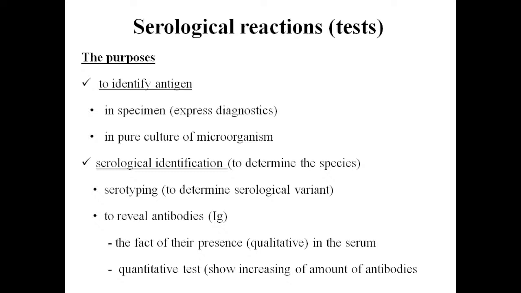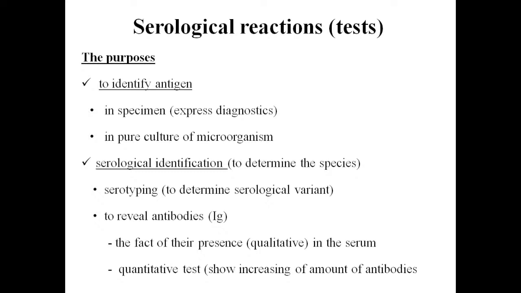I remind you that within the species of bacteria there may be serological variants. Serological variants are bacteria that are distinguished in their antigen structure. For example, structure of O antigen in E. coli.